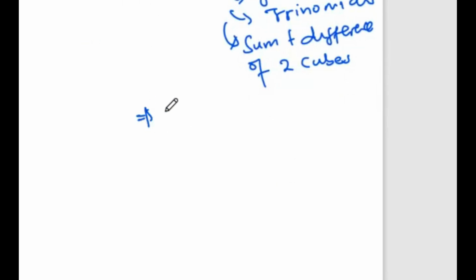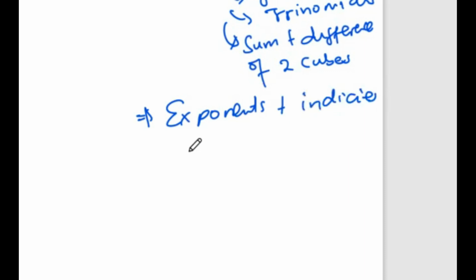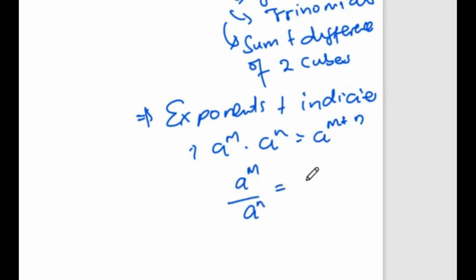And then 2, we also have what we call the exponents and indices. We need to know our laws. If you're multiplying numbers with the same base, what happens to exponents? We just add them. When dividing numbers with the same base, you subtract.